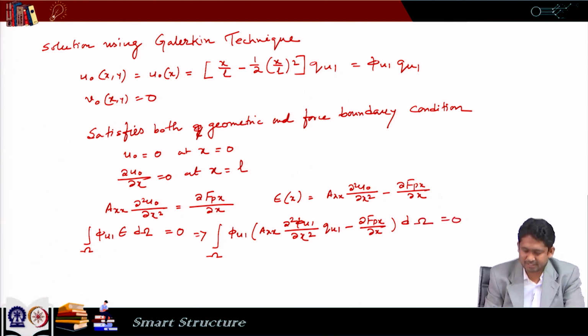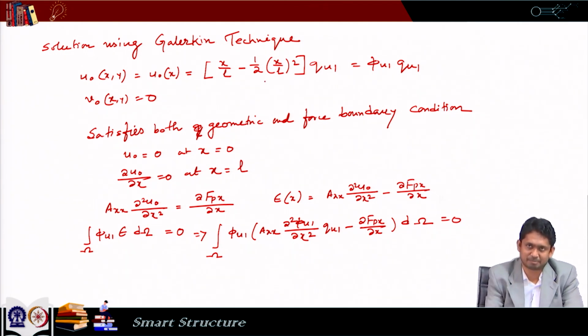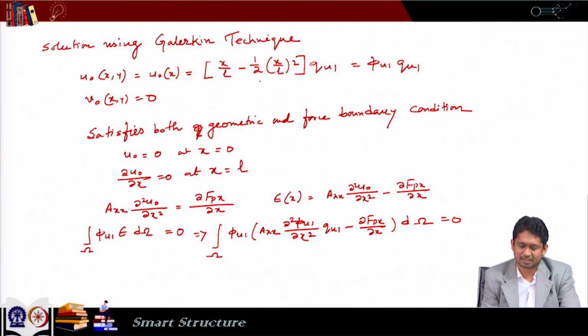Now, here we can see that this phi u had to be differentiated twice. That is why we had to make this approximation. The previous approximation that we made while solving using Rayleigh's technique does not work here.